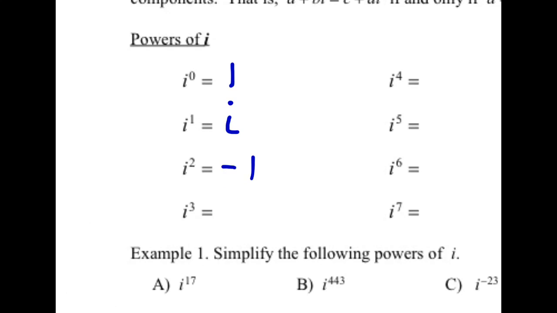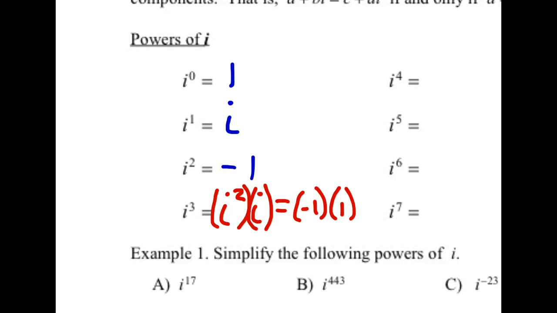Well, I could think of that as i times i times i. I have 3 i's multiplied together. I could think of that as i squared multiplied by i. And you have 2 i's multiplied together. Take it times another i, and that gives you 3 i's multiplied together. But i squared is the same thing as -1. I see that from right before that.